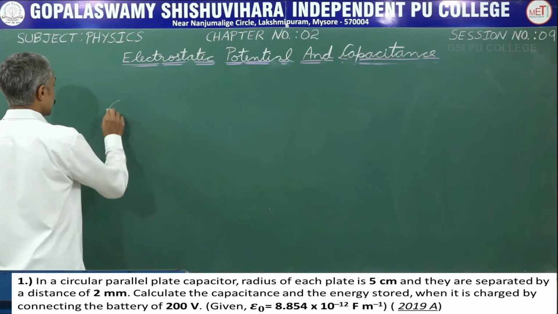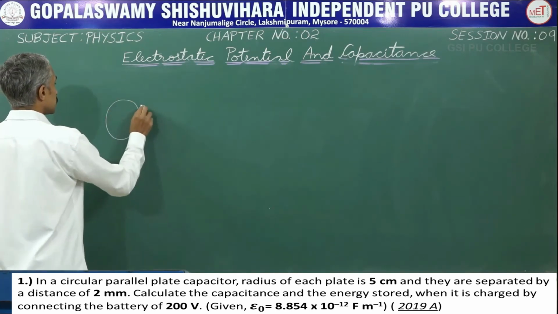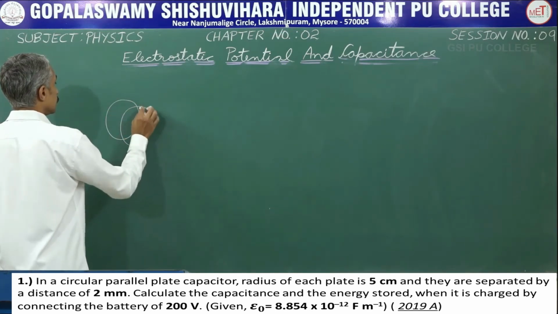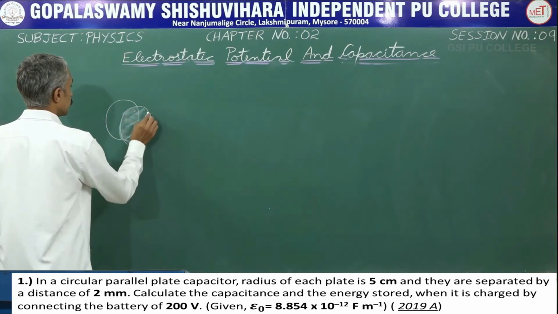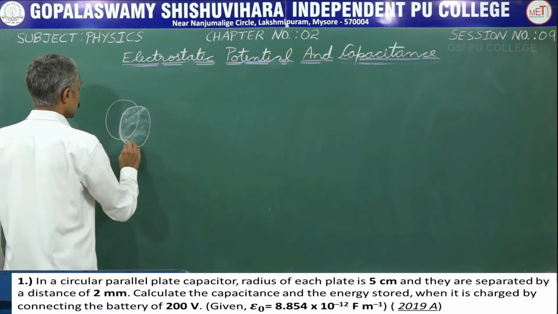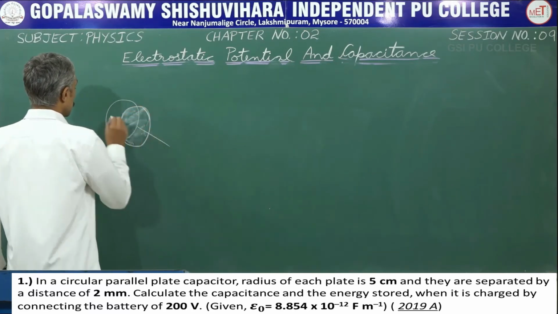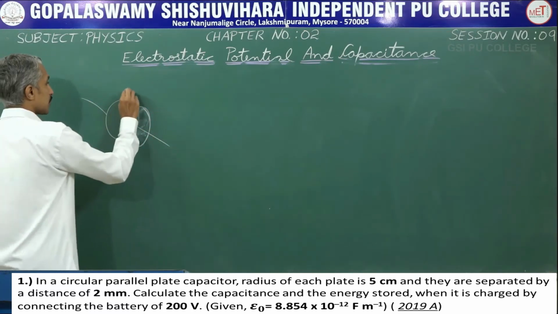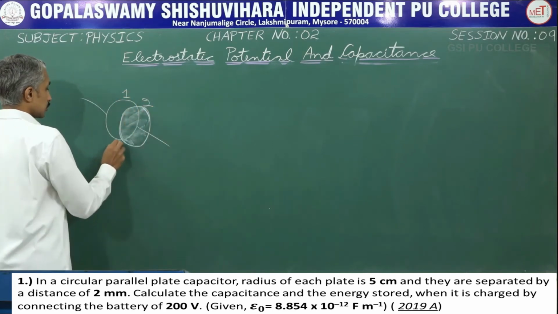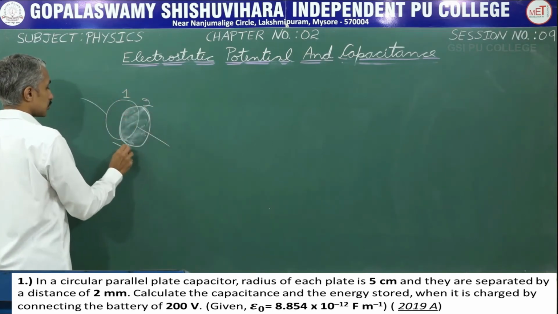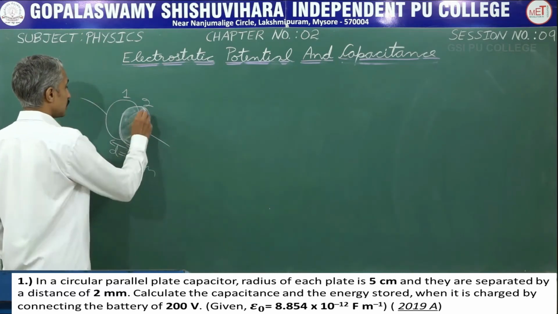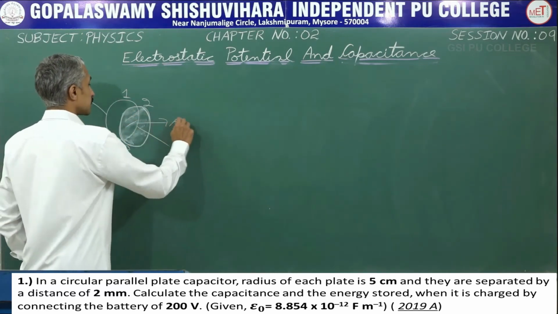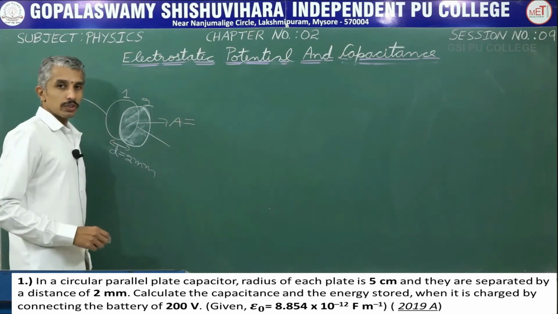What we have is a parallel plate capacitor where the distance of separation between them is 2 mm and area of each plate, we need to calculate that.